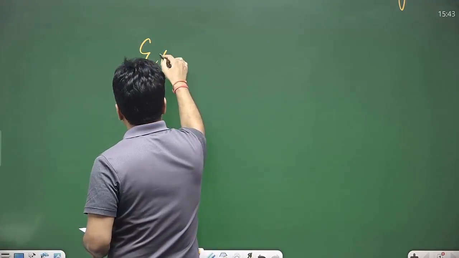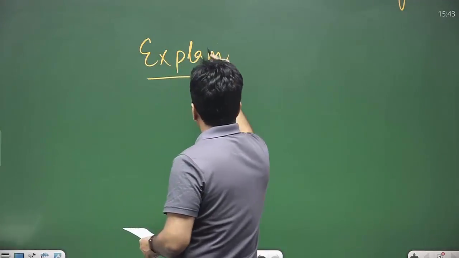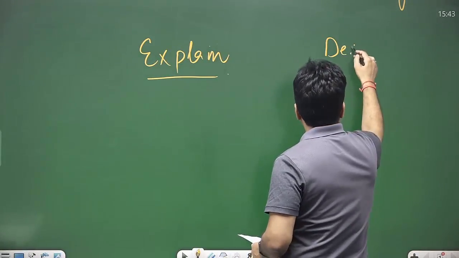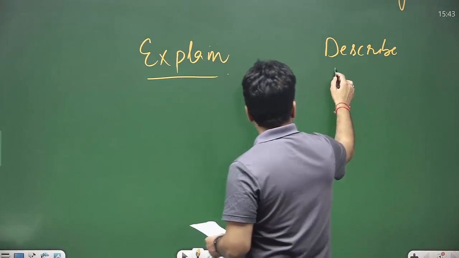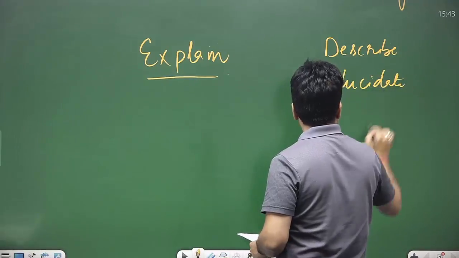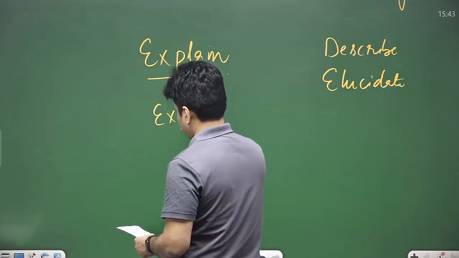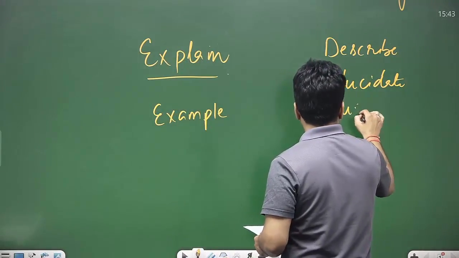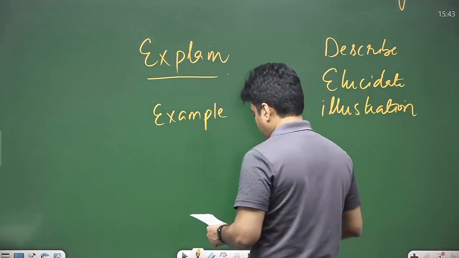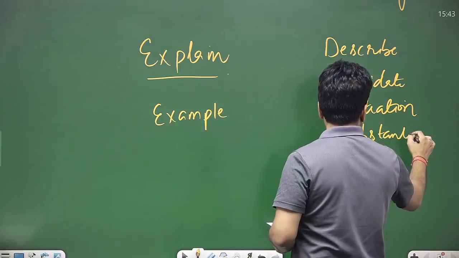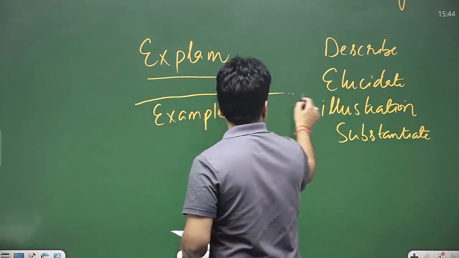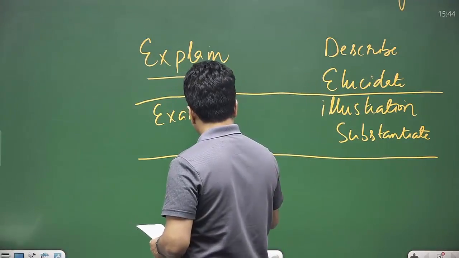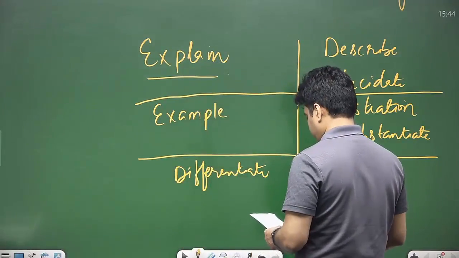For example, if the question is using the word explain, or the question is using describe, there may be the word elucidate, then there may be another category, example, there may be illustration, there may be substantiate, then there can be another category, differentiate and distinguish.